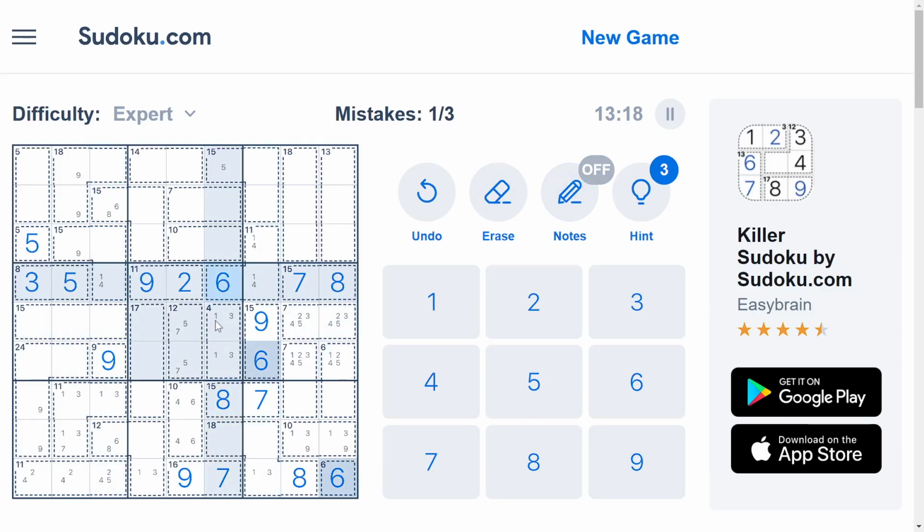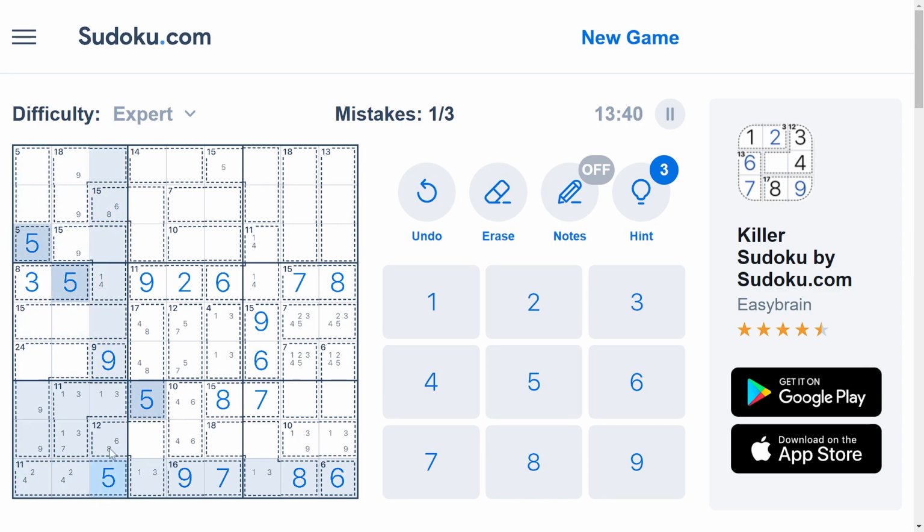And what else? We can now deduct what the numbers over here are going to be. 9, 2, 6, 5, 7, 1, 3, 4, 8. Okay, 4, 8. They sum up to 12, so this means this has to be a 5.